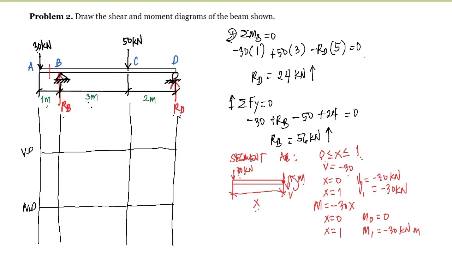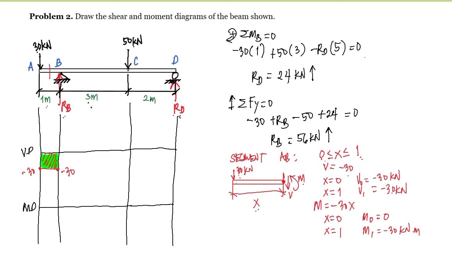So we have here negative 30, and at x is equal to 1, that's still negative 30 since it is just constant. And this is a horizontal line. And this is our shear diagram for the segment AB.